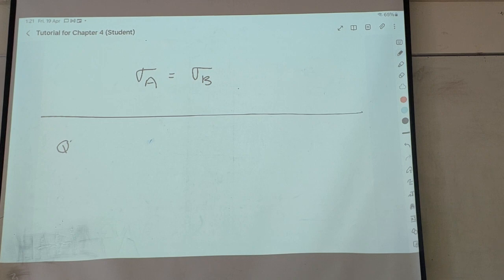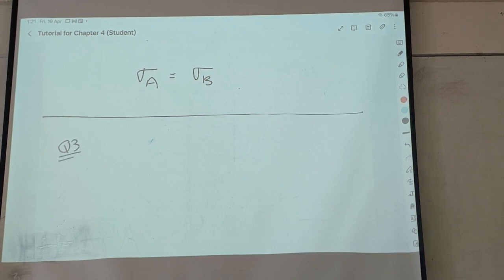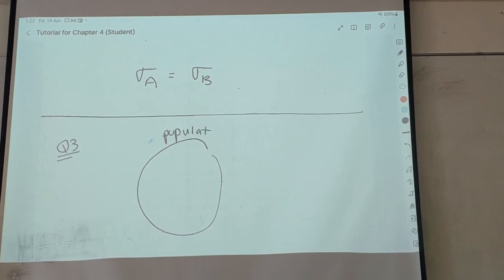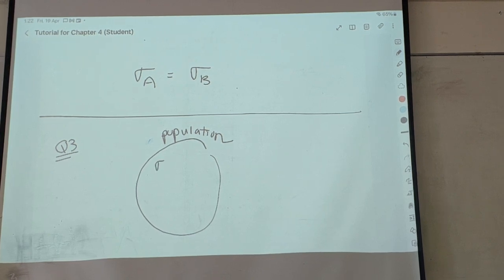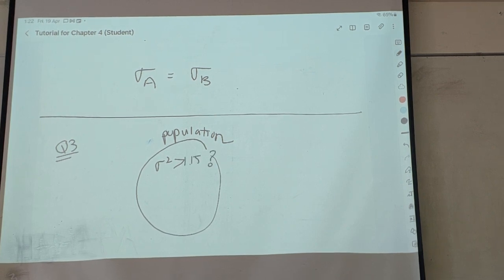This is the solution for question 3. So, for the population, we want to test on the variance. Is it more than 1.15 or equal to 1.15?